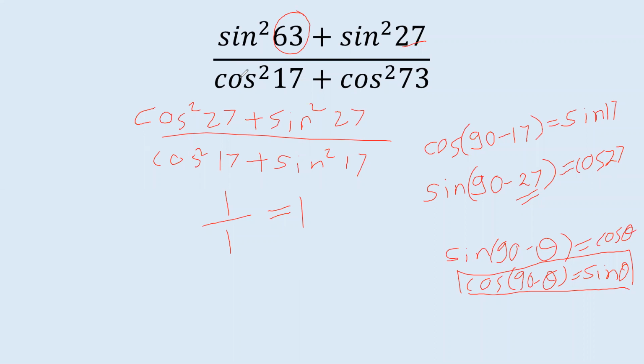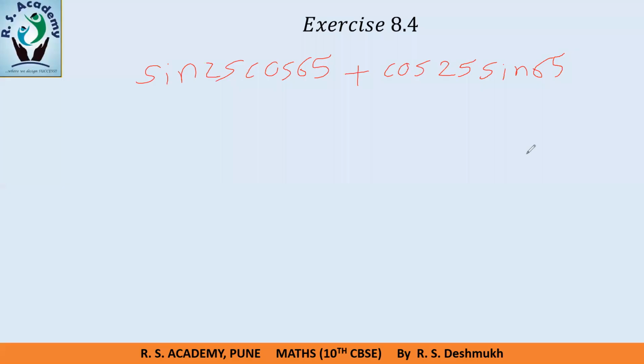Now the next question is sine 25 cos 65 plus cos 25 sine 65. Here there is sine 25, and I will try to convert the others. I know that cos of 90 minus theta is equal to sine theta.